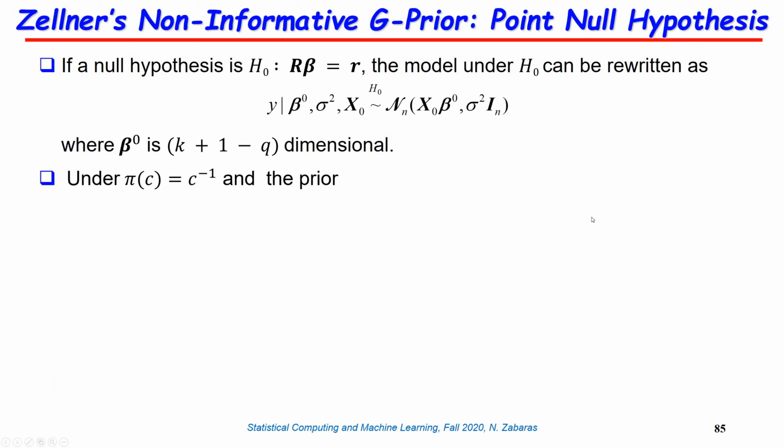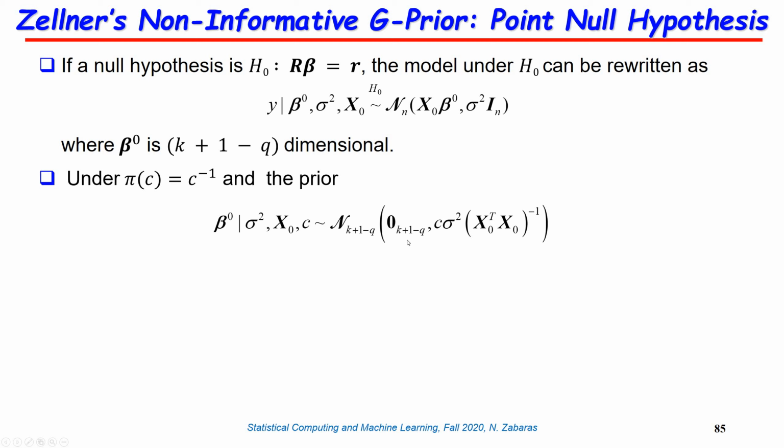Now, we're going to repeat some of those calculations, of course, when C is a random variable with this particular prior. So the prior we're going to use for beta 0 in this new regression problem under this hypothesis H0 is going to look like this.